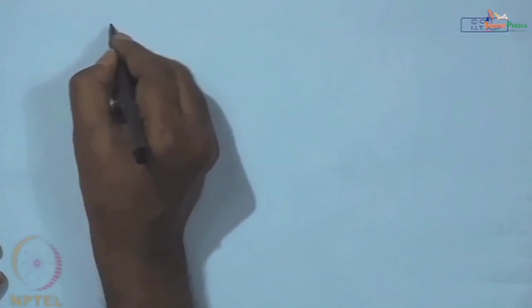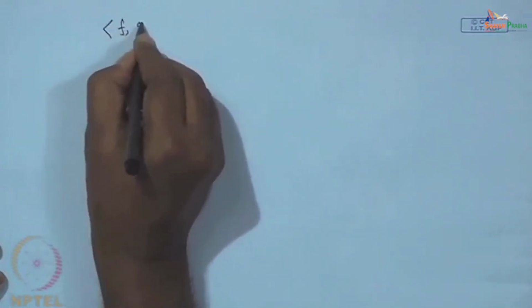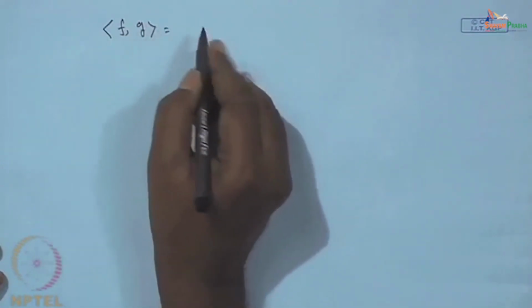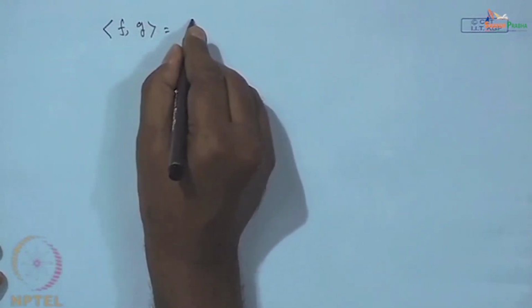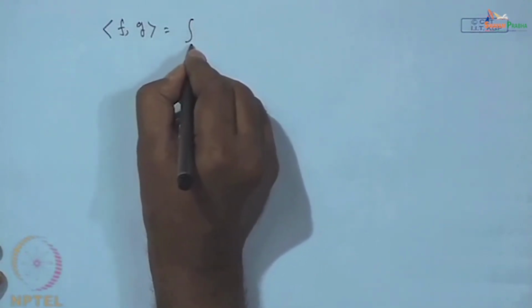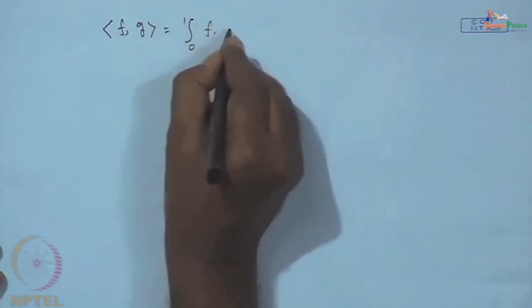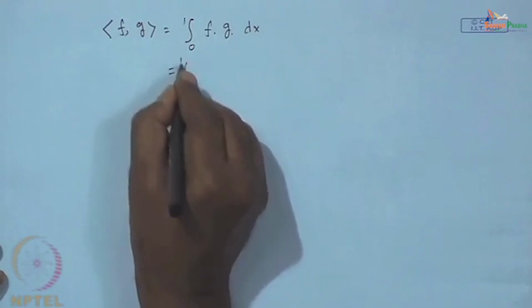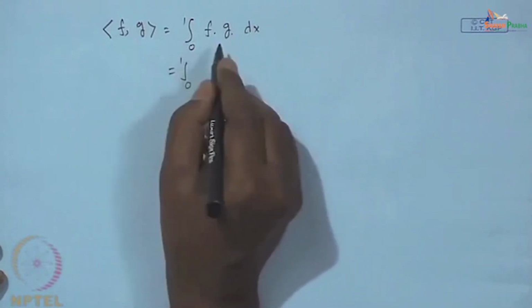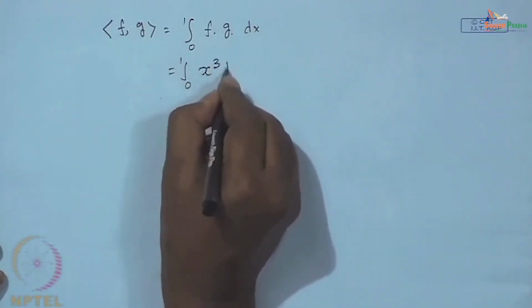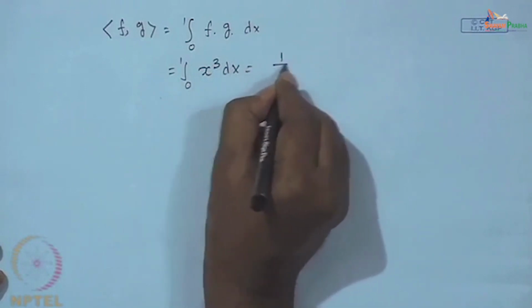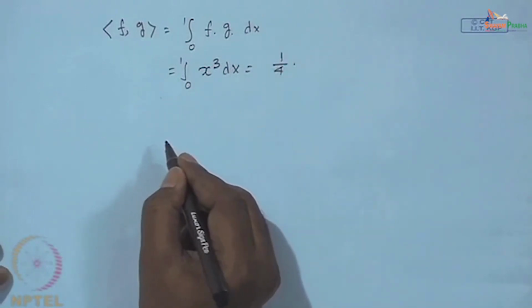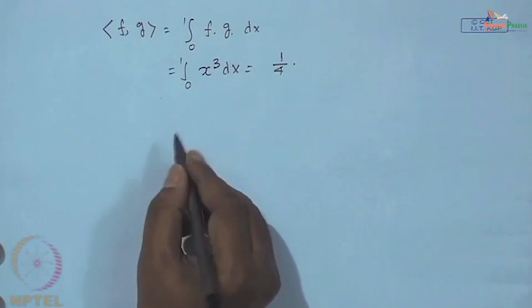Then we will evaluate the inner product between f and g. That will be simply integral 0 to 1 f multiplied by g dx. So, it will be 0 to 1, f is x square, g is x. So, it will be x cube dx. So, it will be 1 upon 4. So, that is the value of inner product.